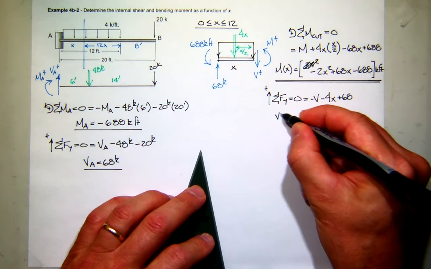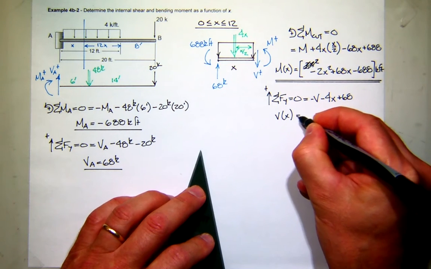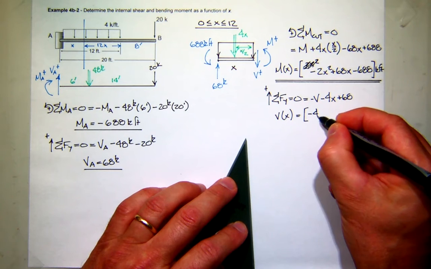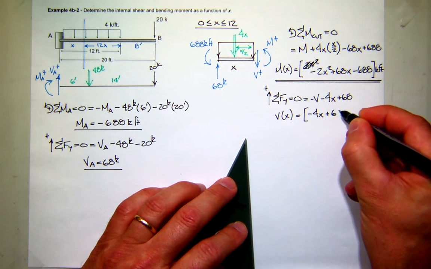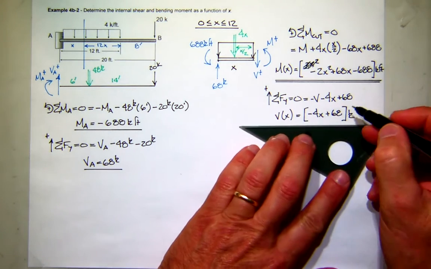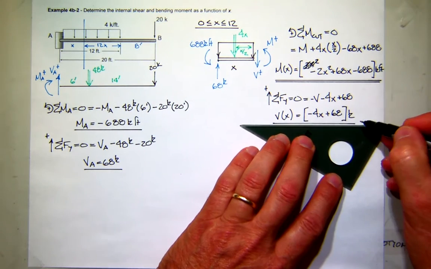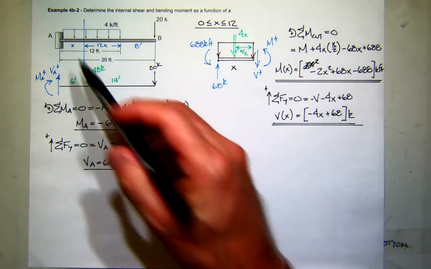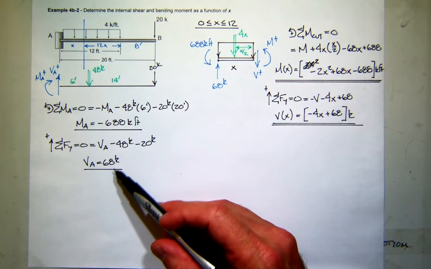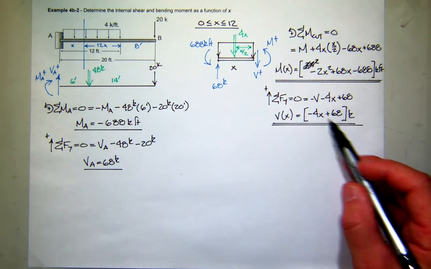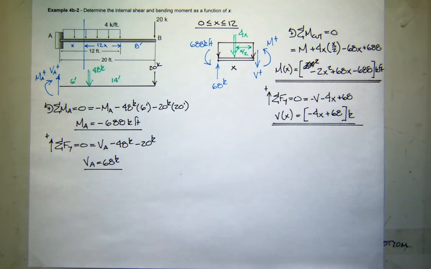So I'll solve for shear, and it looks like I get minus 4x plus 68, and that will be kips. Do I have some place where I can check my shear? Yeah, at A. The shear should be 68. So at A, that's x equals 0. Looks like that works too. So at least I've captured the 2 points that I know.